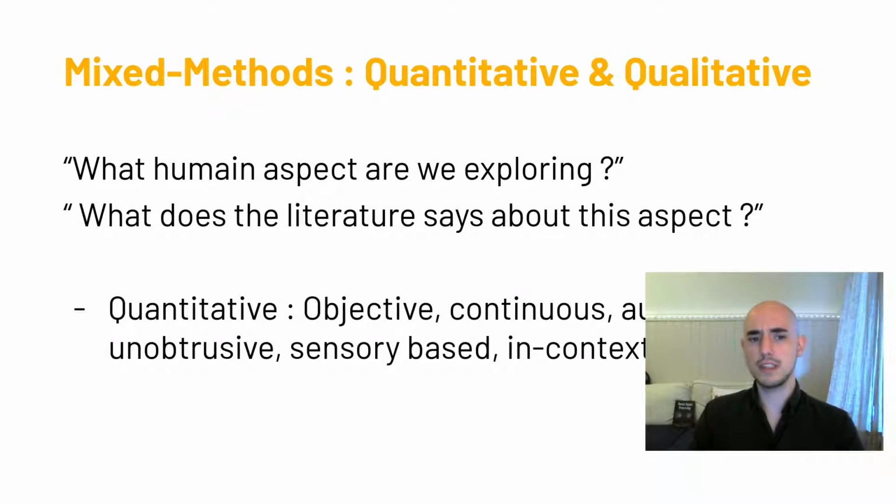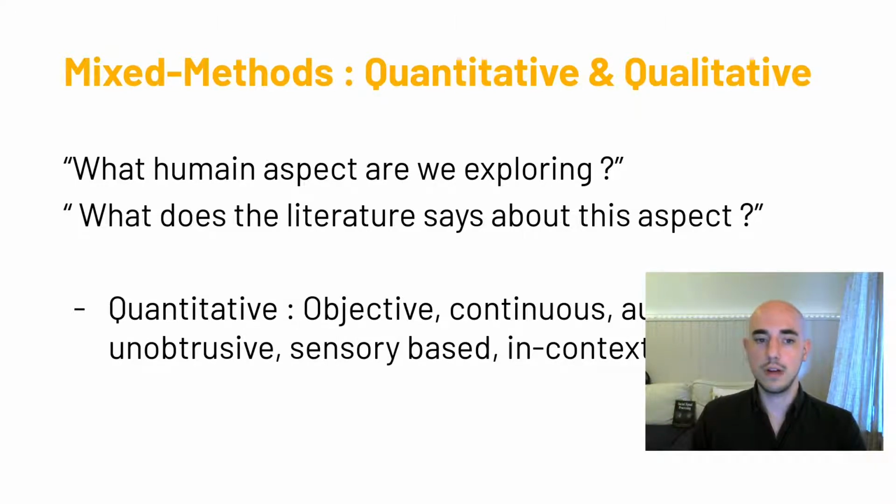With the quantitative part of the method, usually it's objective data, continuous, recorded automatically. The human is not doing anything for this data to be recorded. The participants are not asked to do anything. It's sensor based and in context.